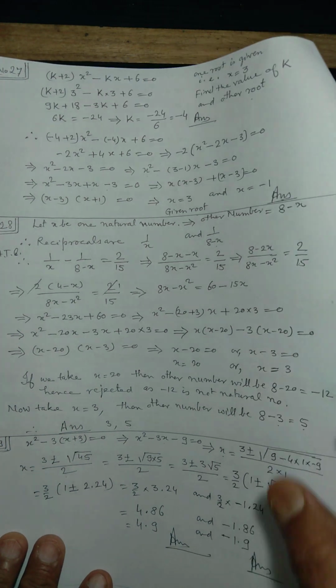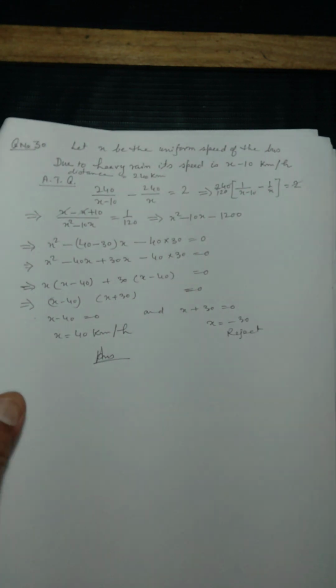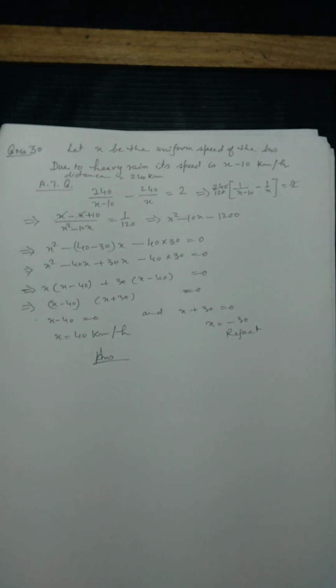Now proceed to question number 30. Question number 30 states that a bus covers a distance of 240 km at a uniform speed.